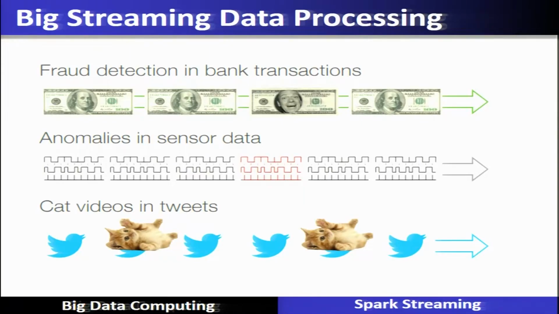Big streaming data processing. The motivation of going for streaming data processing is deep rooted and is based on applications such as fraud detection in different banking transactions which are happening online, and how this fraud detection can be done in real time.